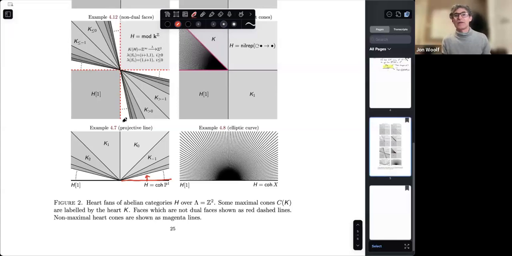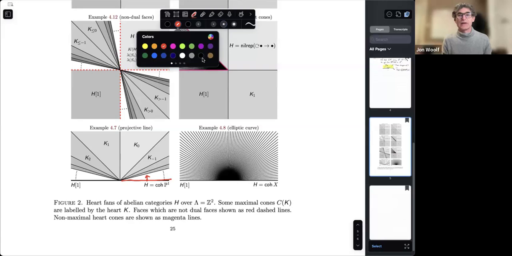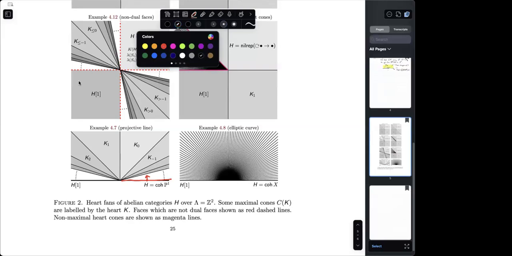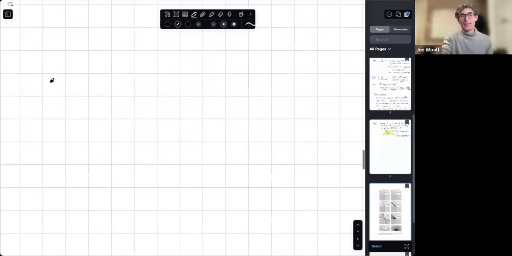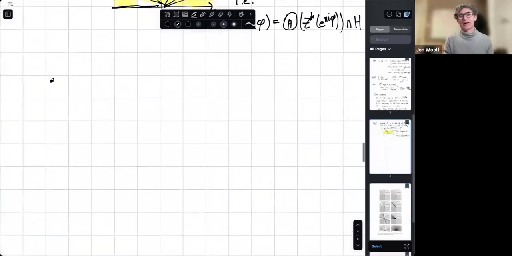Okay, so I think maybe I have just a couple more minutes. So like 8. Okay, 8. I'm probably not going to use 8, but I just want to say some things about generalizations of this.